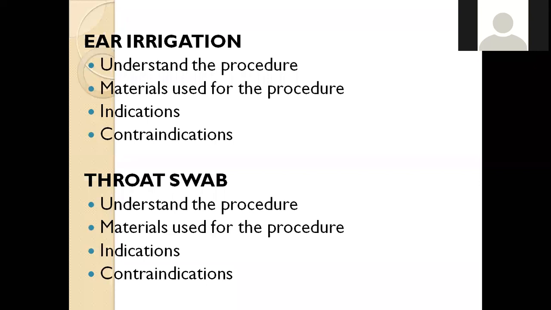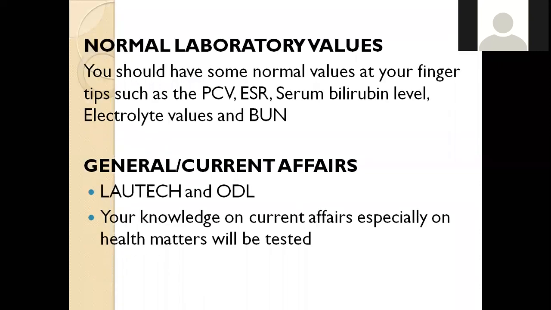So moving on now, we'll quickly look at normal laboratory values. You should have some normal values at your fingertips, such as the PCV. If nurses are asked the normal hematocrit value of a female patient, you should know the range, maybe between 38 to 48, and for the male patient too, 48 to 50 something, maybe 52 or 53.